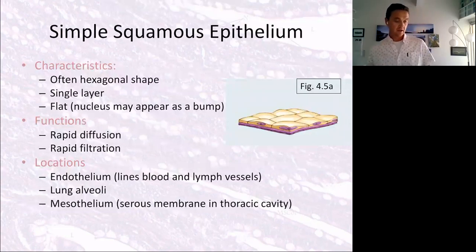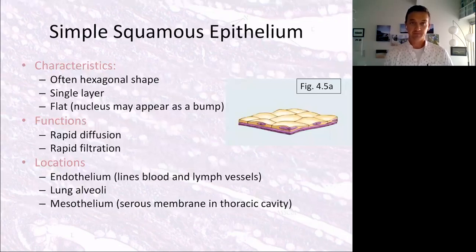Okay. All right, so the first one, simple squamous epithelium. The characteristics of it is that it's often hexagonal in shape, obviously a single layer, and they're flat. They're so flat that the nucleus is actually the thickest part and it appears like a little bump. The functions of these allow for things to diffuse through rapidly and filter as well.